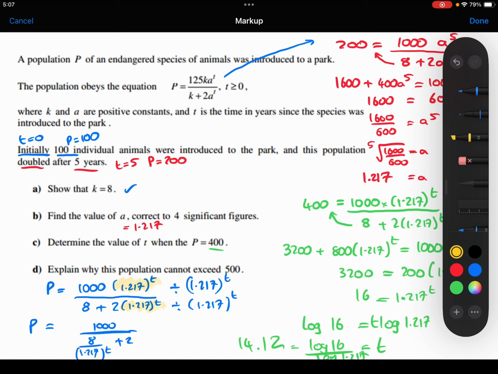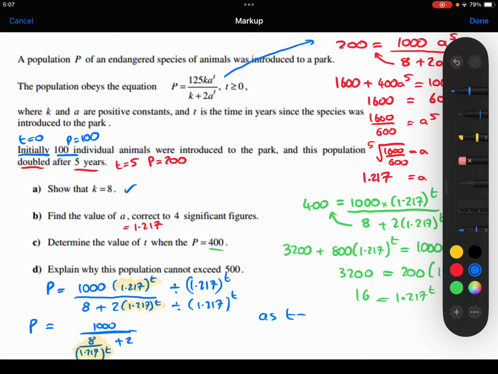Now, what I'm going to say is, as t tends towards infinity, as t becomes a huge number, this term here, 8 divided by the 1.217 to the power of a huge number, that's going to become 0. So let me just write a little sentence to finish this question off.